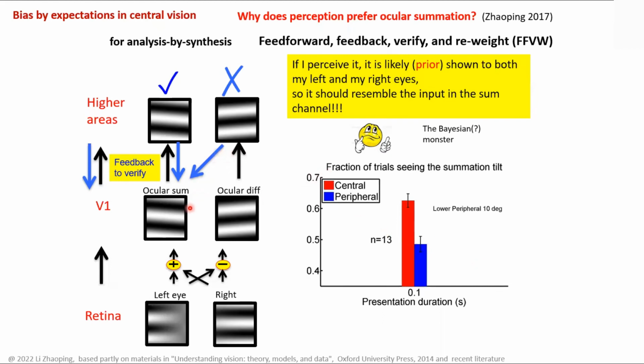It turns out that depending on what visual feature you're trying to do this decoding on, you find this bias in peripheral vision sometimes is not 50-50, sometimes higher, but it's always lower than central vision. Central vision always has stronger bias. So the feedback in peripheral vision may be different, it's just weaker than central vision, depending on which channel it is.